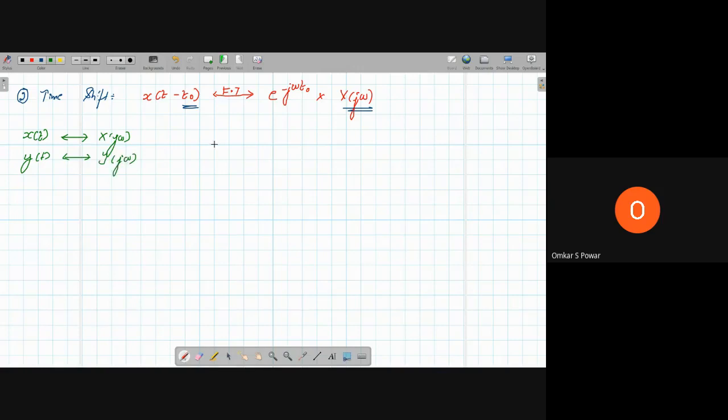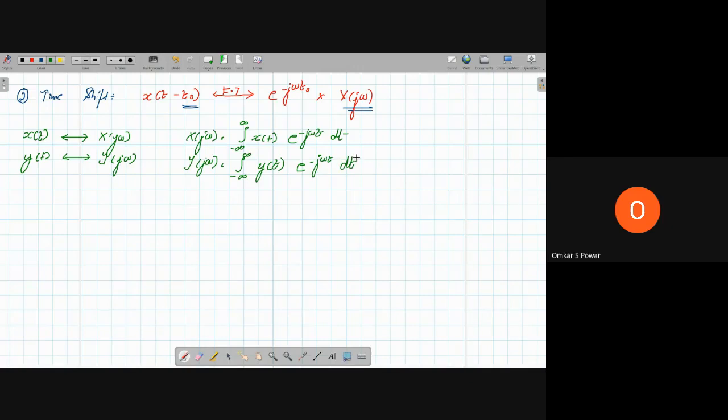Now we know that Fourier transform of x of t is equal to X of j omega, which is equal to integral minus infinity to infinity x of t e power minus j omega t dt. Similarly, Y of j omega is equal to integral minus infinity to infinity y of t e power minus j omega t dt.